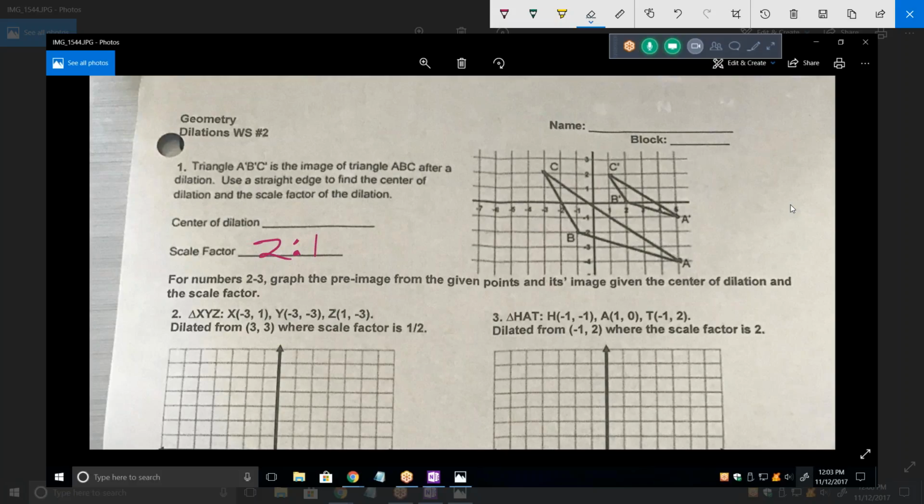Now, use a straight edge to find the center of dilation. Well, I'm still convinced that the center of dilation, wow.